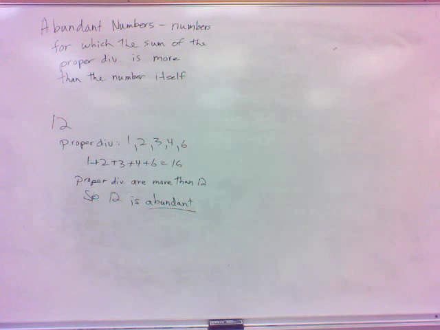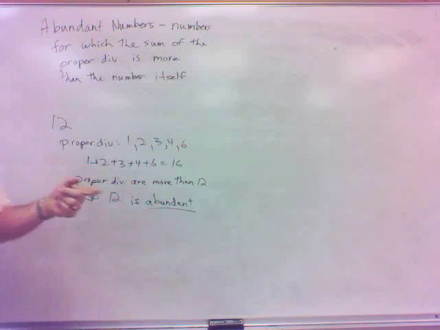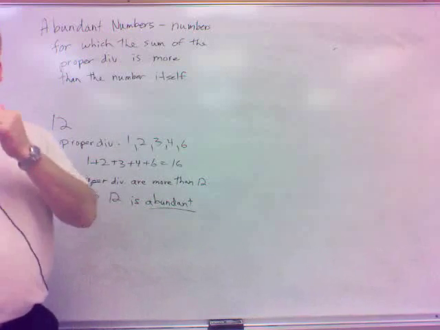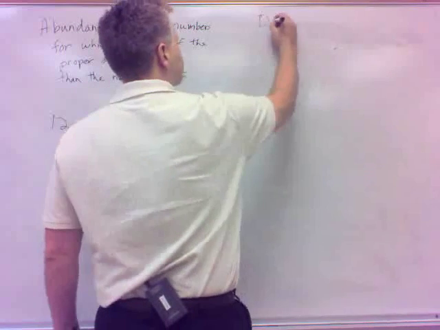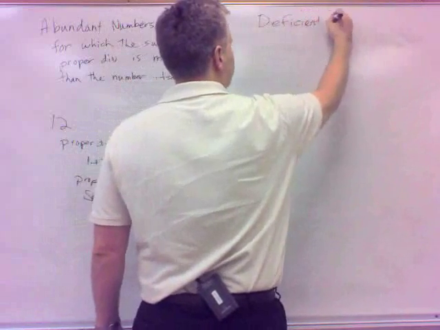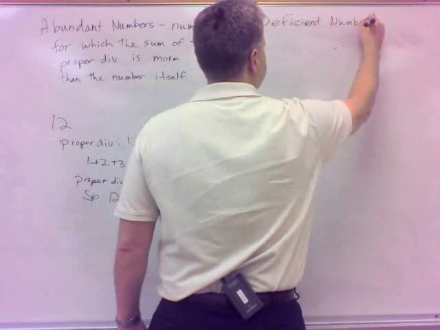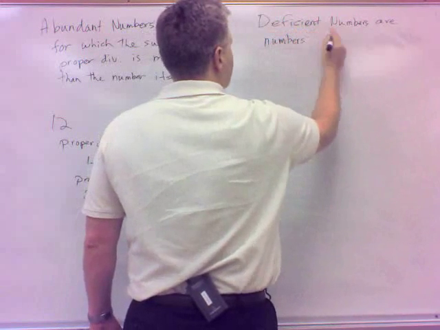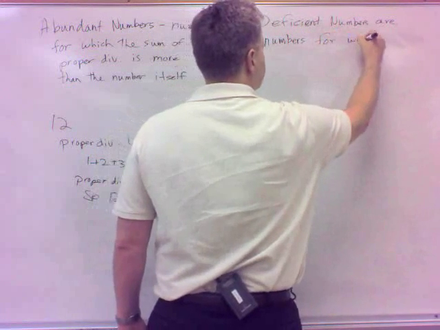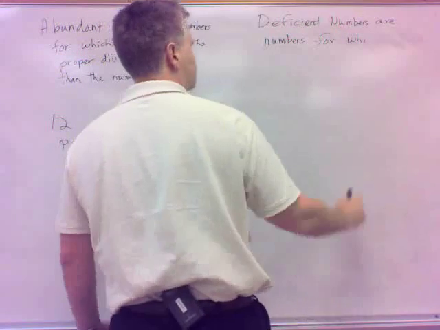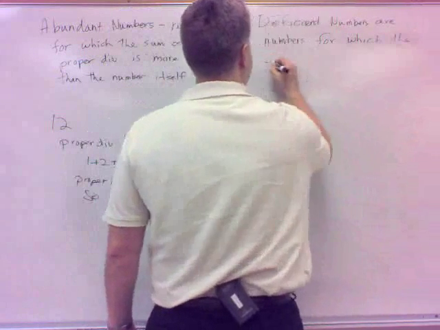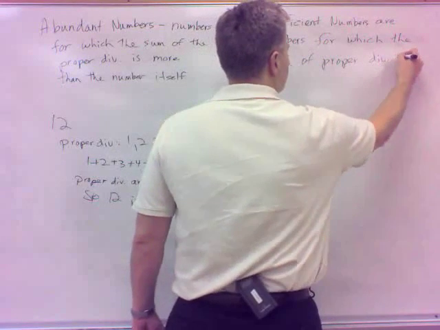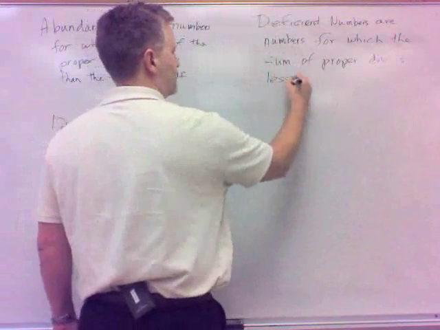Well, what else could happen? You could have the proper divisors less, couldn't you? Less than the number itself. That could happen too. That's called deficient. Deficient numbers are numbers for which the sum of the proper divisors is less than the number itself.